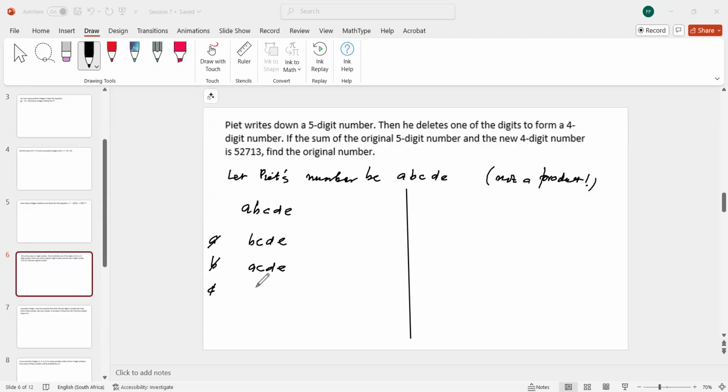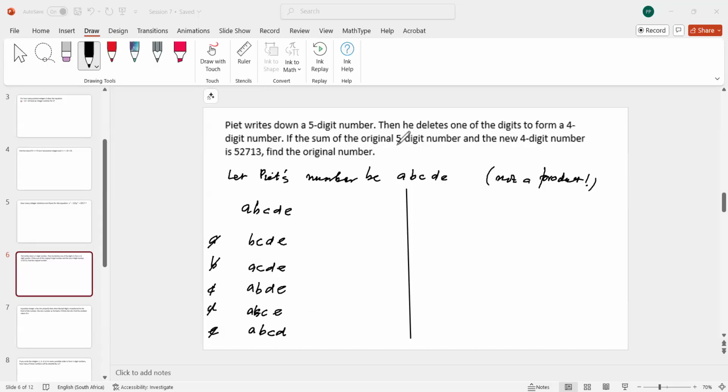If you delete C, you've got A, B, D, E. And if you delete D, you've got A, B, C, E. And if you delete E, you've got A, B, C, D.